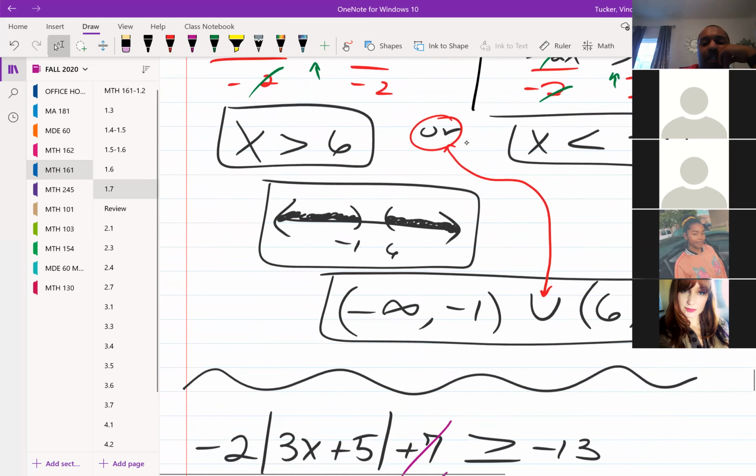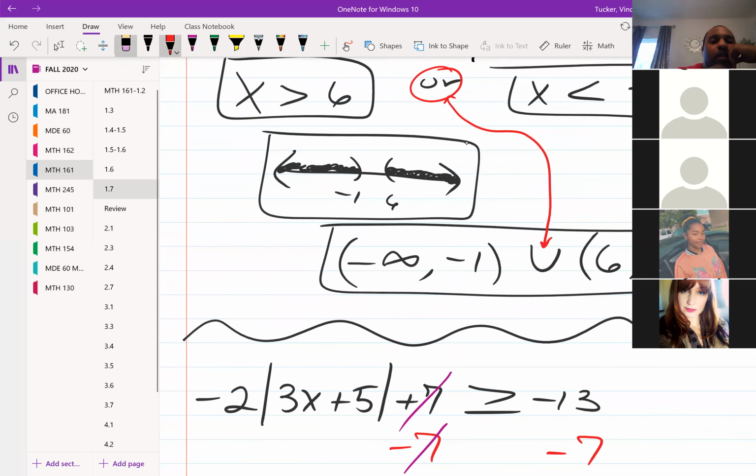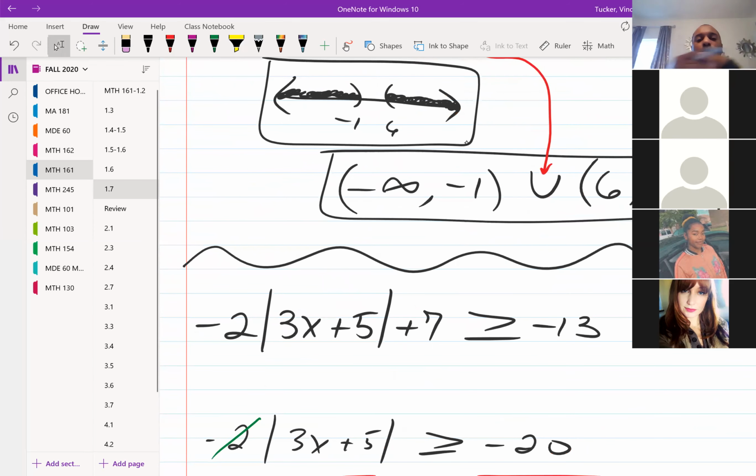All right. So let's do it one more time, and then we'll be good. So here we have negative 2 times the absolute value of 3x plus 5 plus 7 is greater than or equal to negative 13. So what we want to do here is, before we can split up stuff or write the opposite number and everything, first make sure that we isolate our absolute value quantity.